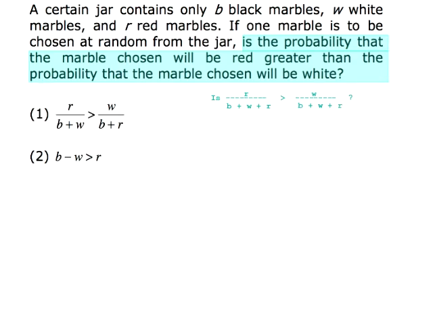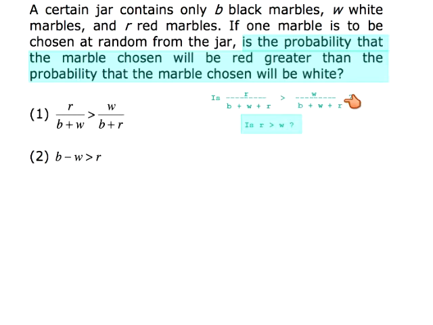If you have a greater probability of picking one of these, it just means you have more of it. So is R greater than W is the real question here. Whether you got there directly or by putting this first doesn't matter as long as you get there. So that's what we want to know.